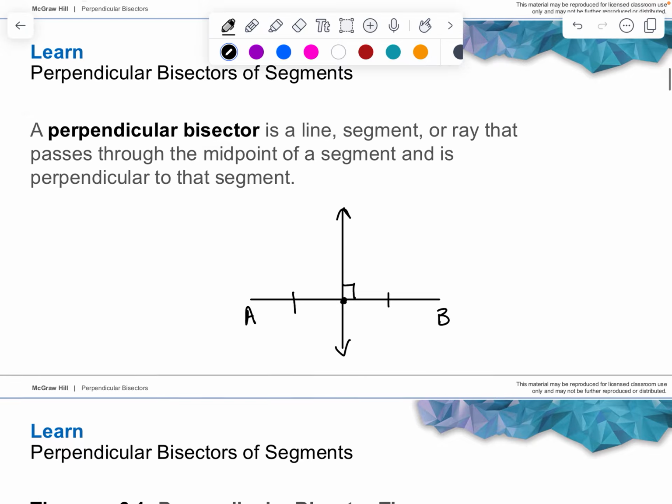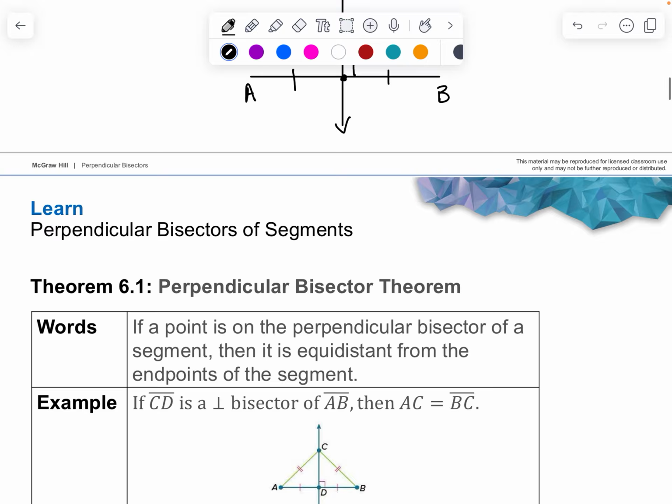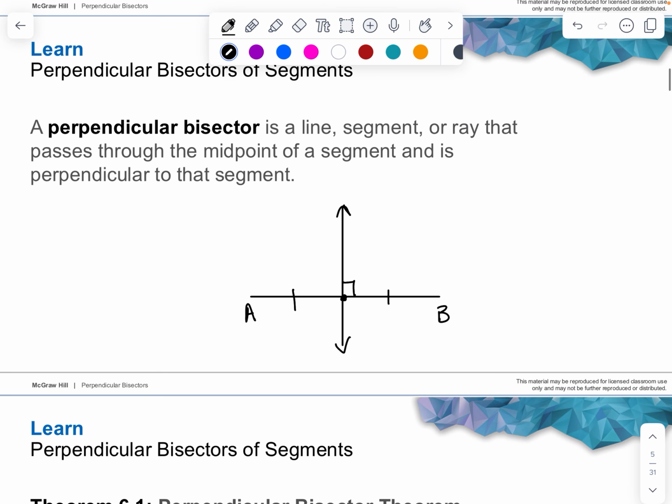Now, the cool thing about them is that any point that you put on there, so I'm going to put a purple point right here. If you connect any point from these endpoints, A and B, to any point on this line, ray, or segment, so right from here to here, and from B up to here, say we name this point C, these lines will also be congruent to each other.